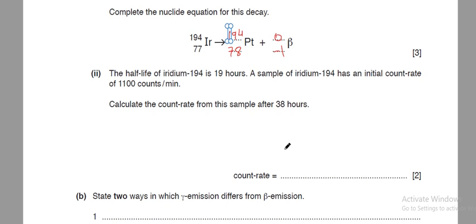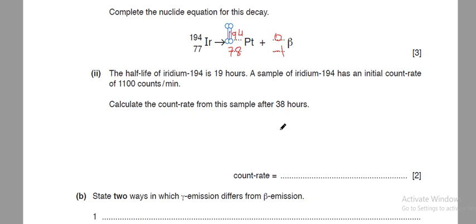Half-life of iridium is 19 hours. Sample of iridium has initial count rate of 1100 counts per minute. Calculate count rate after 38 hours.